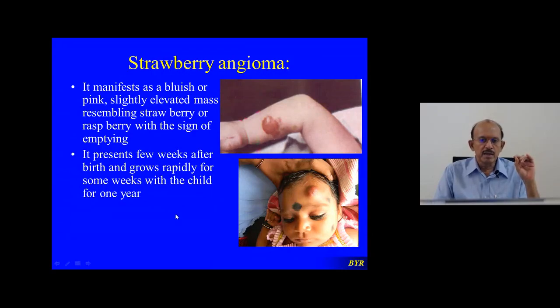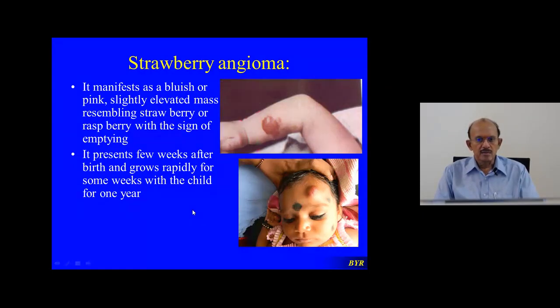It presents a few weeks after birth and grows rapidly for some weeks along with the child up to 1 year. So it may not appear immediately after birth. It may appear 1 or 2 or 3 weeks afterwards.